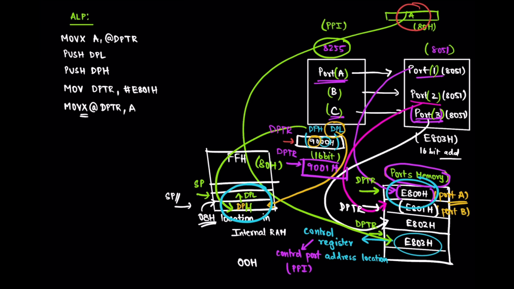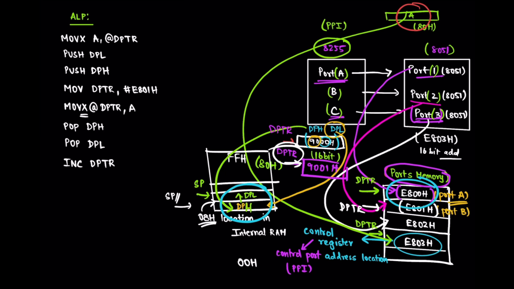So for that I have to POP DPH and POP DPL, such that both DPH and DPL values are getting stored together in E801 and the DPTR goes back to 9001H.